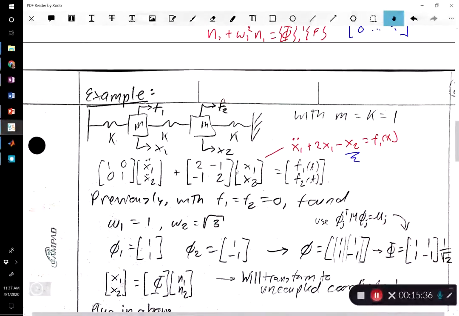And that makes sense if you go back here and you remember that mode 1 has them moving in unison, right? So what it really is sensitive to is the sum of those two forces. Mode 2 has them moving in opposition, so it's most easily excited when those two forces are equal and opposite.